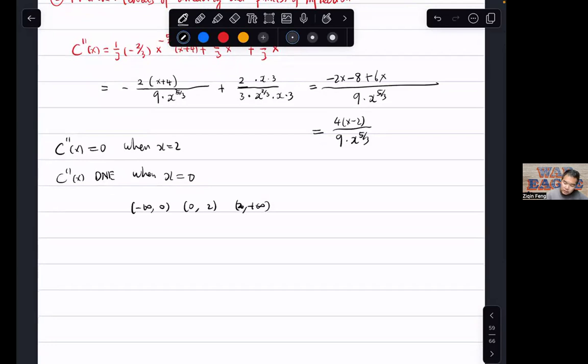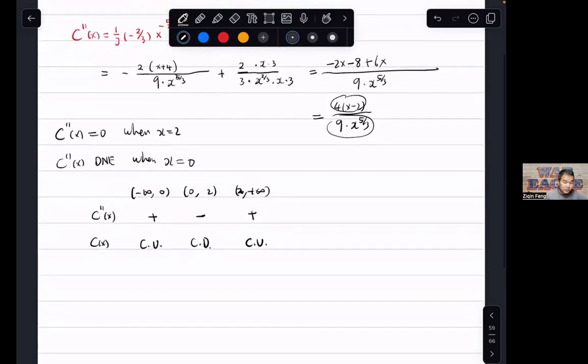Try to decide the sign of each factor, positive or negative. We can see that C double prime of x is positive because both factors are negative, and negative because one of the factors is positive and the numerator is negative. The other one is positive and positive. Which means the graph of C of x is concave upward, then concave downward, then concave upward, right? So we have 2 inflection points.